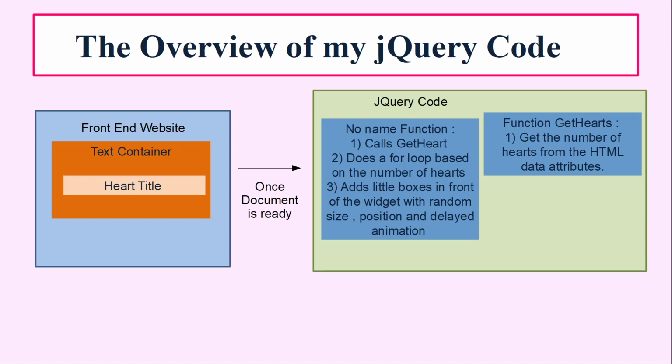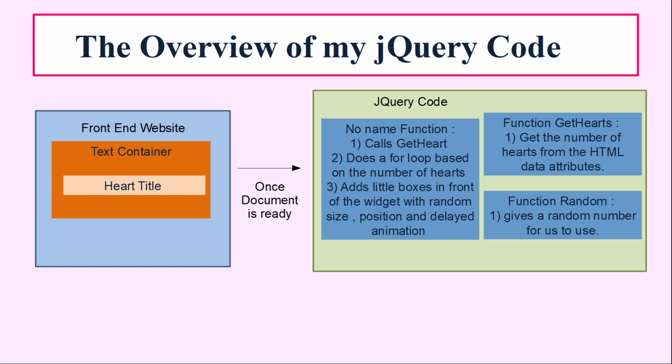We're going to be adding these little boxes in front of our widget front end, and we're going to make them random, so they're going to be randomly sized. We're going to create a new function that gives us random numbers for us to use. So the size of the heart will be random, the position will be random, and the delayed animation will be random. That is all the code that we use to create that widget front end.